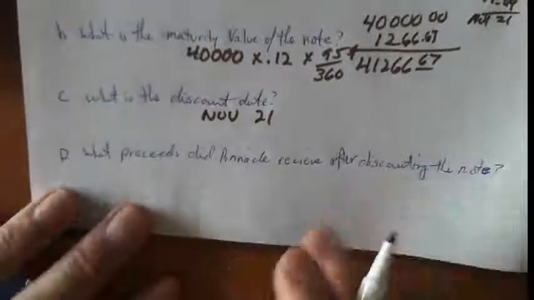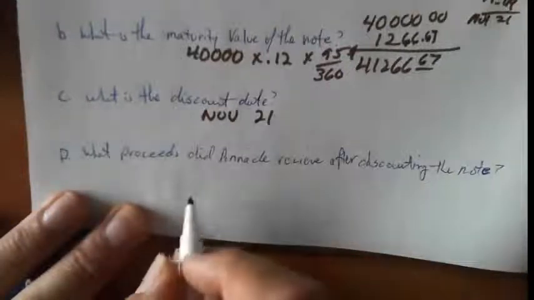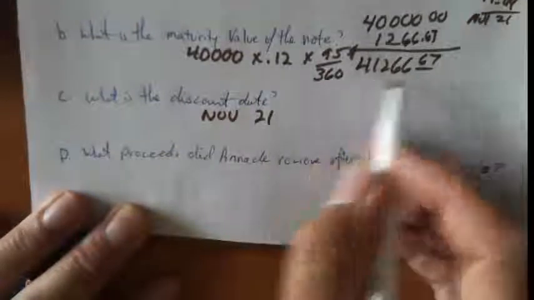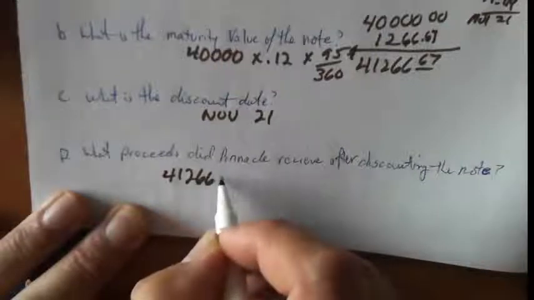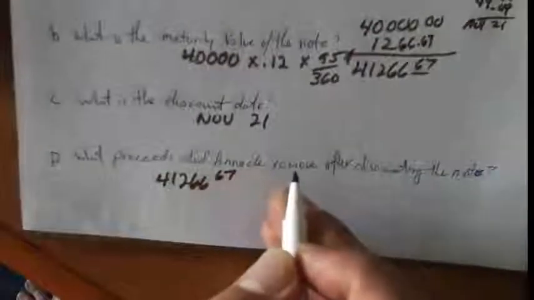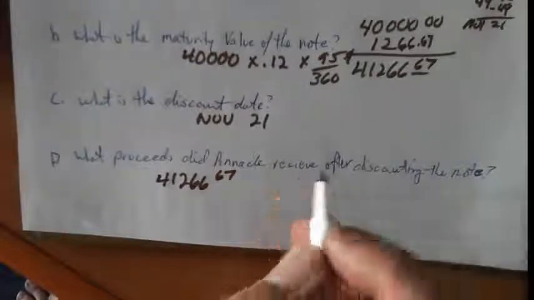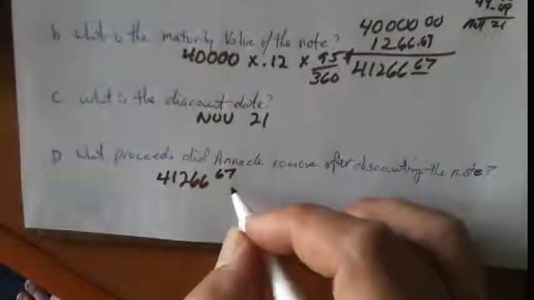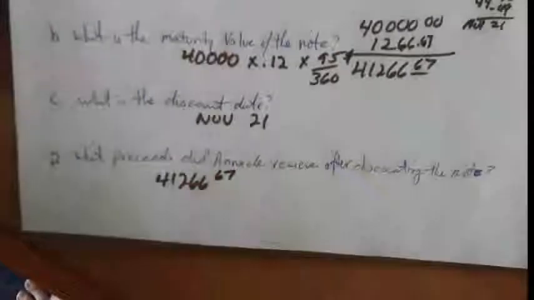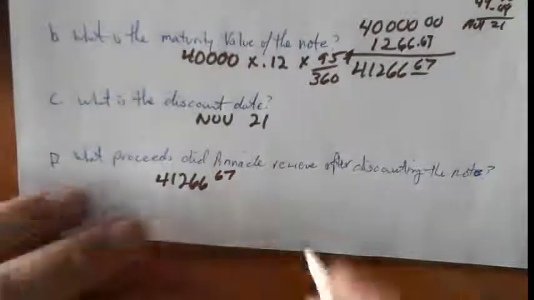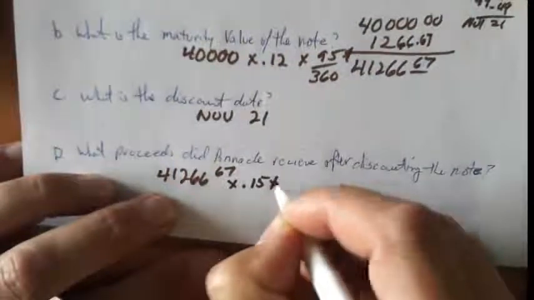Okay. What proceeds did it receive after discounting the note? Okay. Well, here's the value of the note, 41,266.67. Okay. And you had to subtract the interest here that was in that time. So we have to figure that out, right? So our discount rate up here was 15%, 0.15.